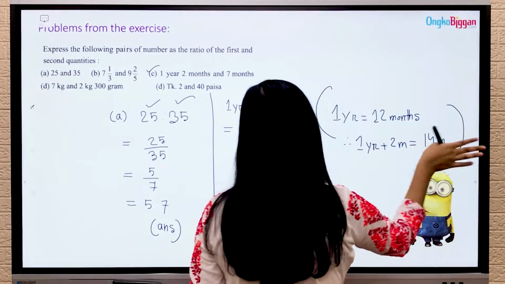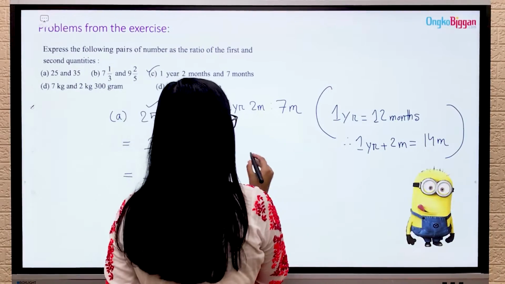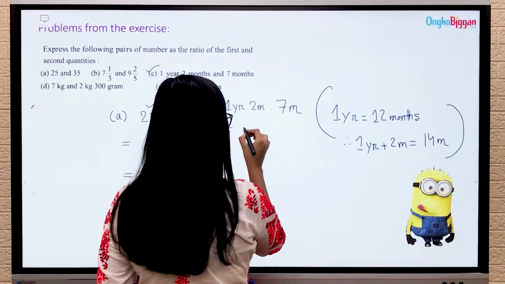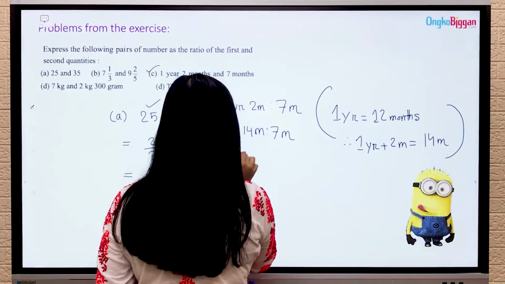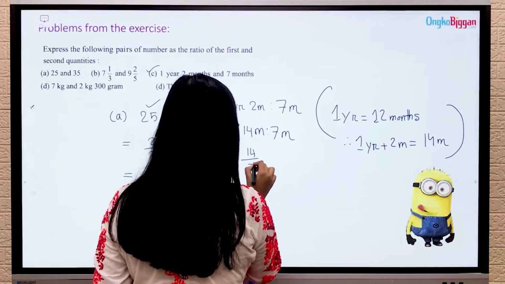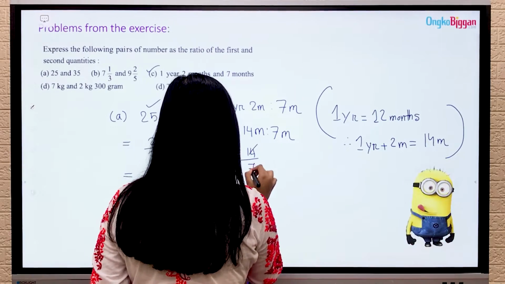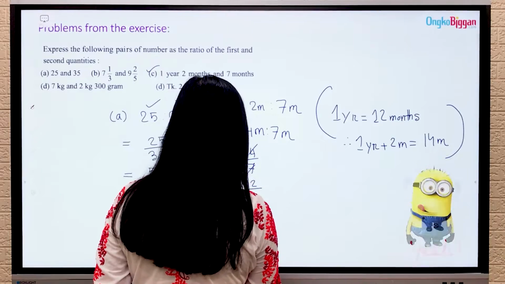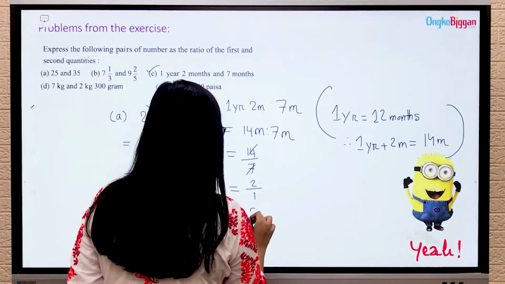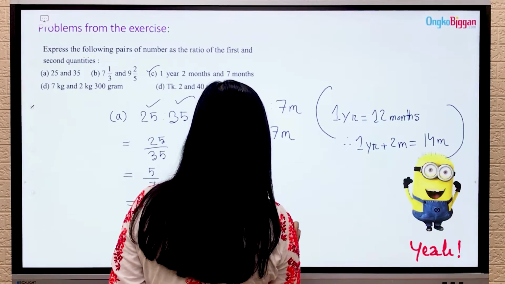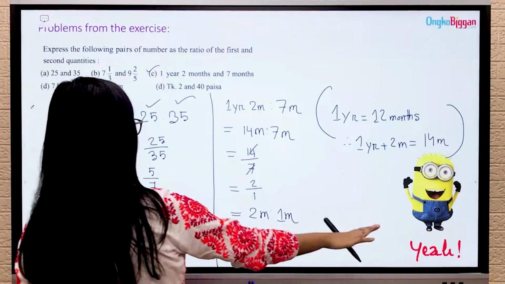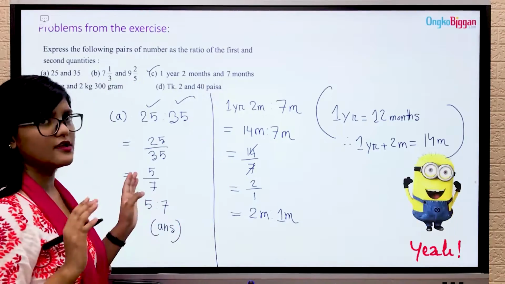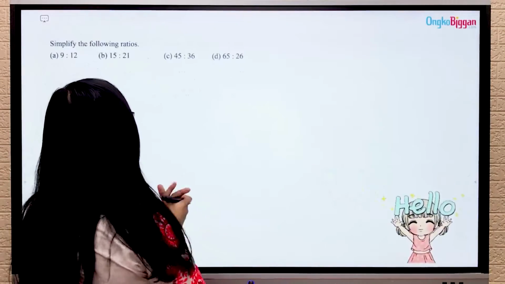It's a very easy calculation. I'm just showing it in the back side. So 14 months is to 7 months. Now we will write it in the form of 14 by 7. Then we will cut it into 2 by 1. Then we can see the ratio is 2 is to 1. So very easy, very easy. In this way you will solve the other ones.